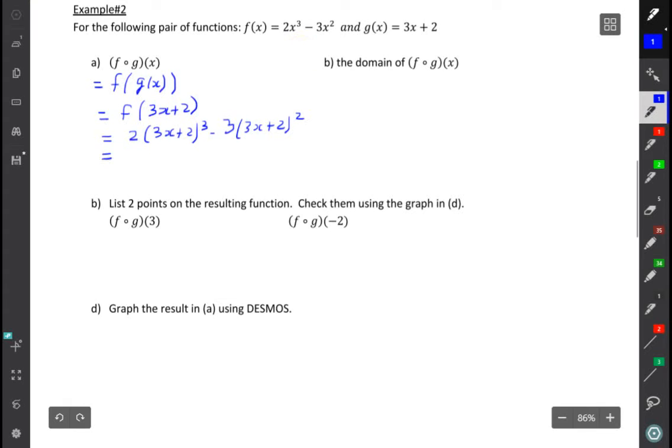Now we need to do our algebra here. First of all, we need to multiply a binomial times a binomial. So these are 3 of these expressions multiplied together.